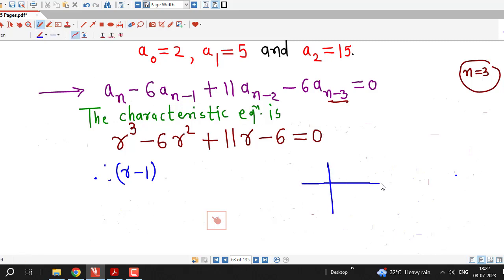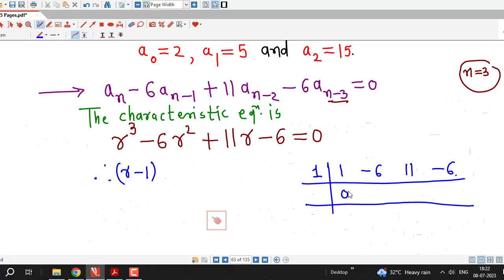Once we decide one factor, and if we have a third degree polynomial, then we can use synthetic division to find the remaining two roots. For that I am writing the one root which I have obtained by trial and error here, and here I am writing the coefficients of r cube, r square, r and the constant term, which are 1, minus 6, 11 and minus 6. Here we always start with 0.